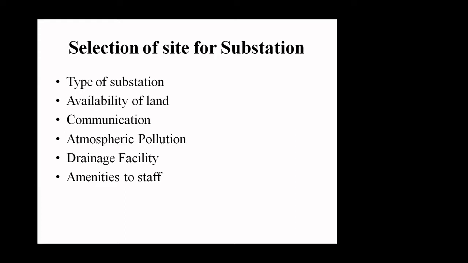And the last point is amenities to the staff. The site should be such where the staff can be provided essential amenities like school, hospital, drinking water, or it may be even housing also.